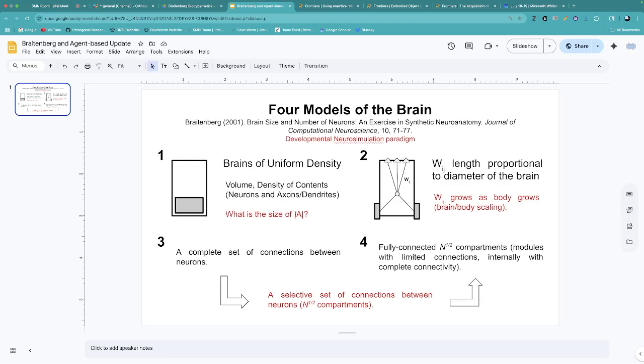And so we characterize our matrix of network connections as a determinant, which is here, A. And so what is the size of A? And so in developmental neurosimulation, you have this determinant that gets recalculated over time as the network grows. And so this grows in size.